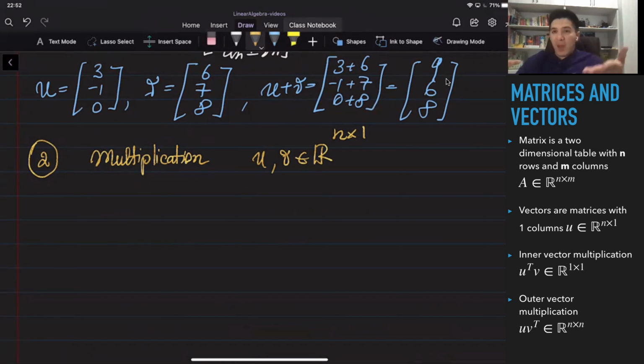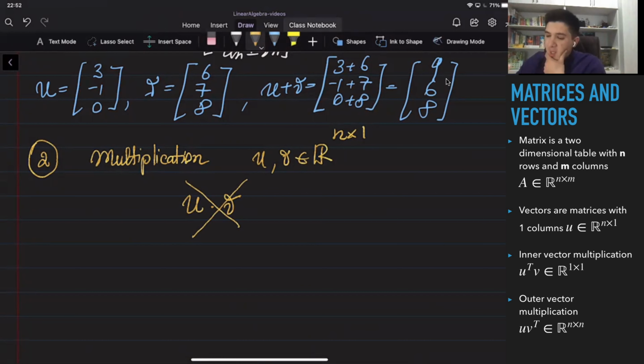If you are given two vectors with n components, then you can multiply them as a dot product. Here, for the matrices, we can't really multiply u by v. There is no dot product or cross product in the matrices. There is just matrix multiplication, and we can't multiply them, because there are certain rules of matrix multiplication.